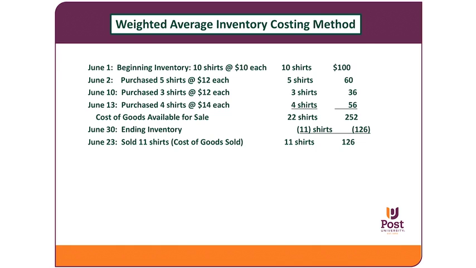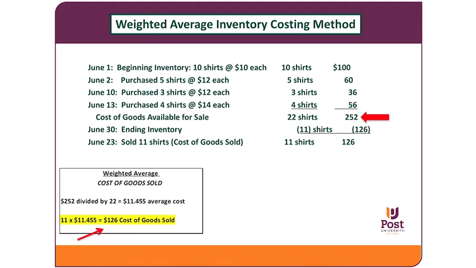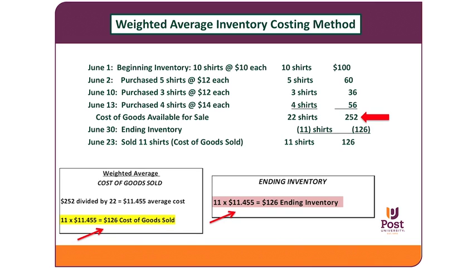When we use the weighted average method, we must compute the average cost. Once again, based on what we had in our beginning inventory and what we purchased, we have 22 shirts with a total cost of $252 available for sale. Available for sale is the same regardless of what inventory costing method we use. Total cost was $252 and we had 22 shirts, so the average cost is $252 divided by 22, or $11.455.